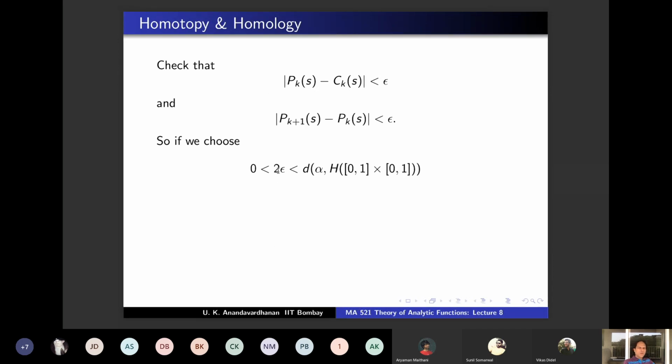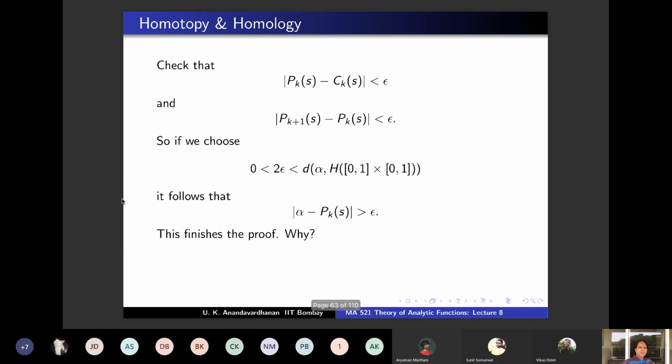That will do the job. If you take epsilon such that 2 epsilon is strictly less than this, then it follows that the distance from alpha to P_k is strictly bigger than epsilon.